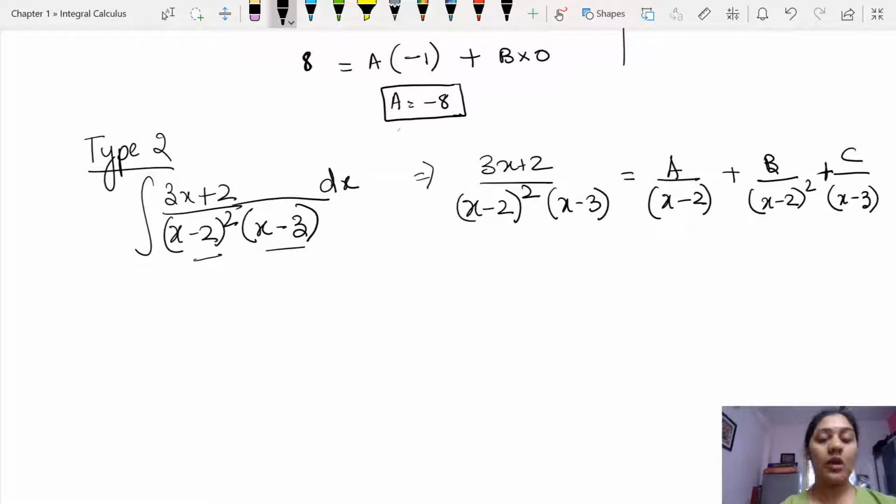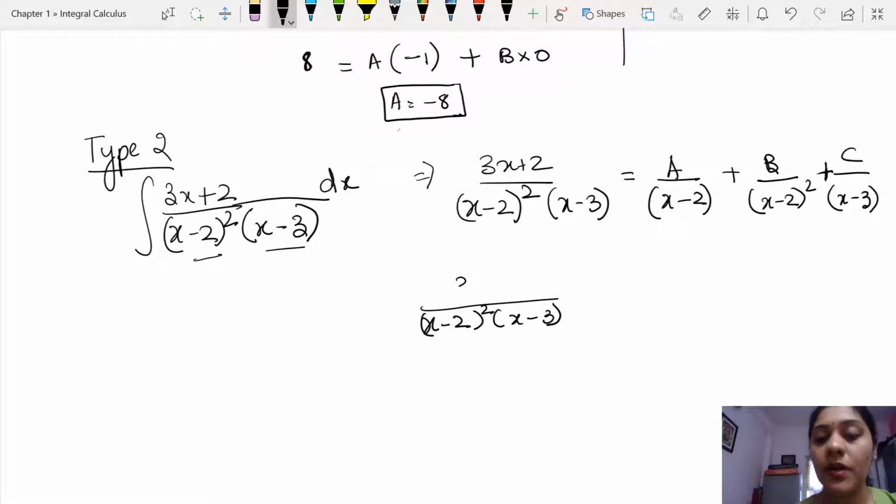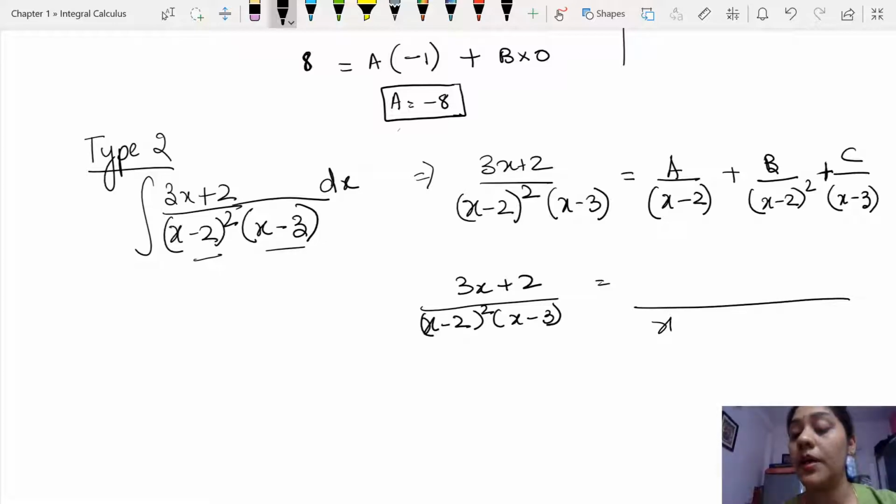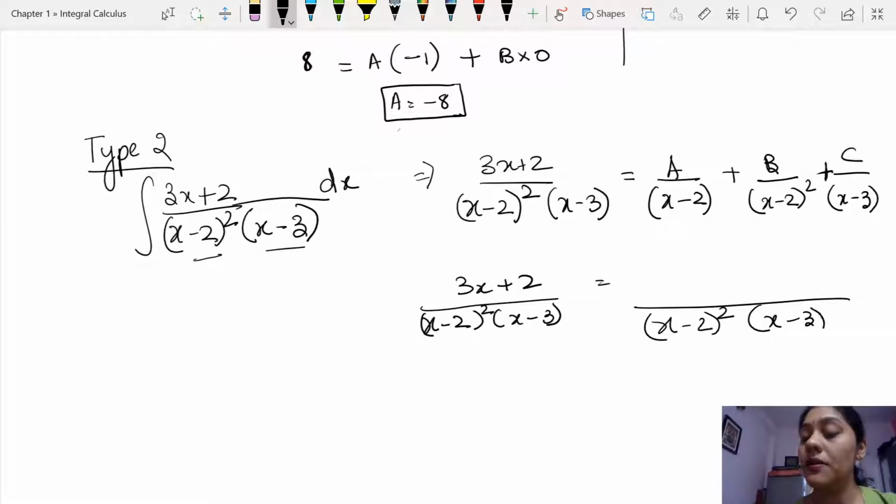Okay. So now what we will do next is again take LCM like how we did in the previous case. When we take LCM, we'll get x minus 2 into x minus 2 the whole square into x minus 3. Your left hand side will remain as it is. There is no change in that. In your right hand side, this will become x minus 2 the whole square into x minus 3.